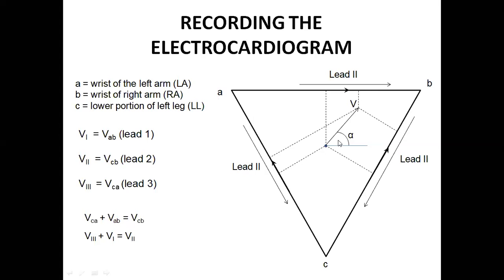Okay, now suppose this heart makes an angle of alpha with the parallel of lead 2. So we can say this V vector creates an alpha angle with lead 2. Is it so?